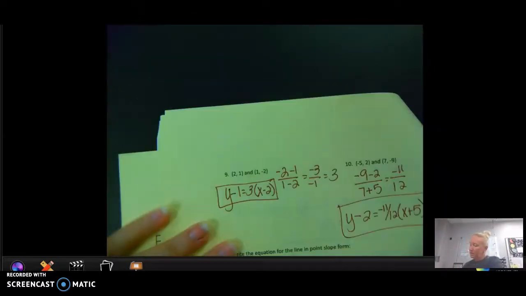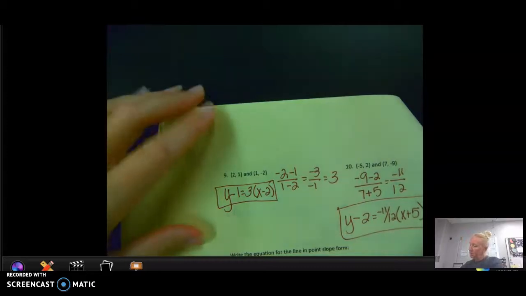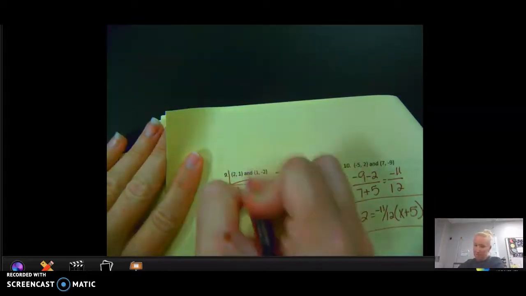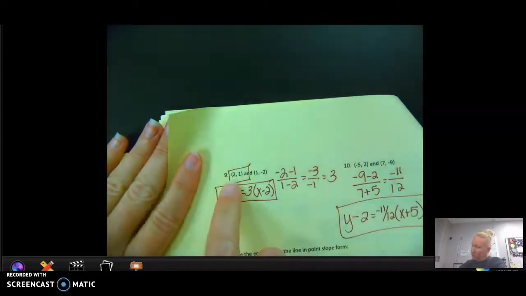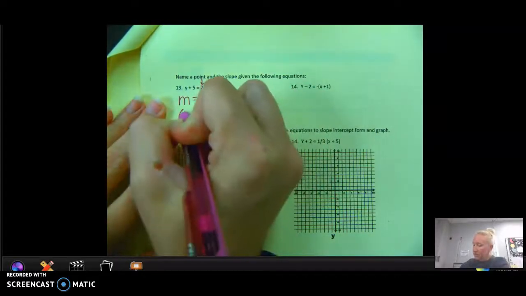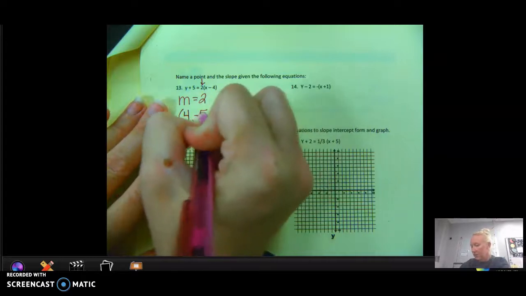If I go back, we used this point on number 9, right? So my 2 became over here, and remember it's a positive 2, which became a negative 2, so it's opposite. This was a positive 1, became a negative 1. So here, same thing. Since this is a negative 4, really the number is 4. Since this is a positive 5, really the number is negative 5.